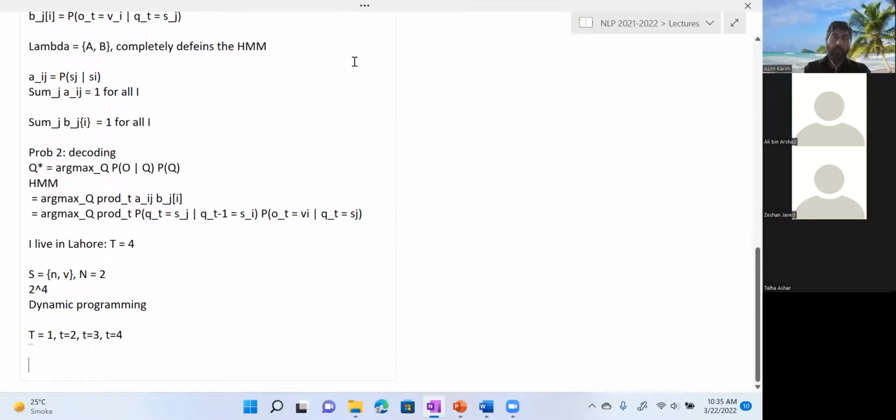If we talk about this specific problem, which is problem 2, the decoding problem, trying to find the best sequence label, and then applying the dynamic programming approach to it, the algorithm that results is called, in the literature, the Viterbi algorithm.